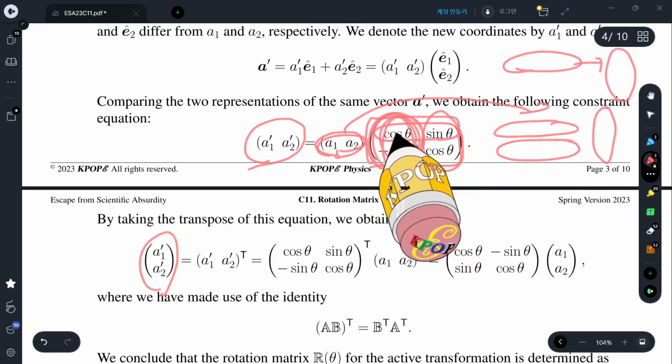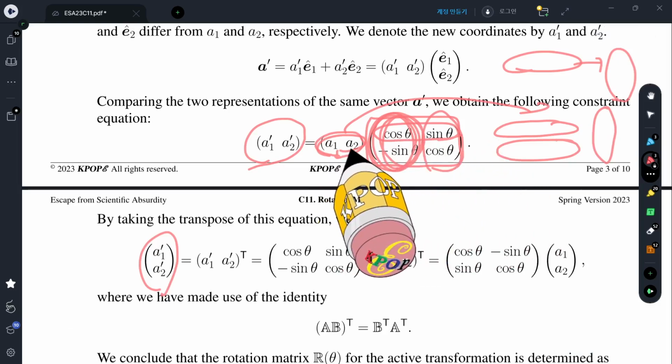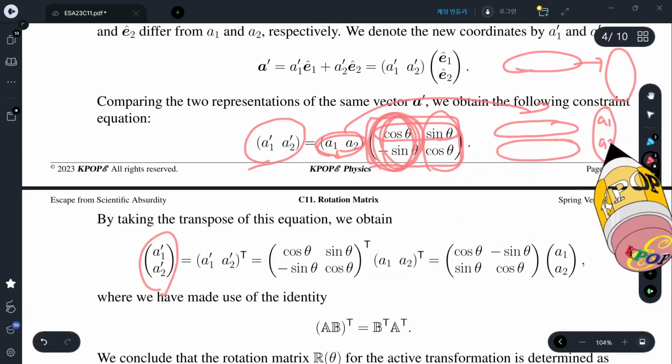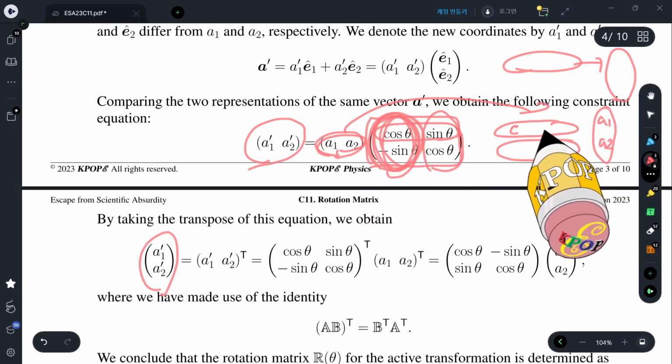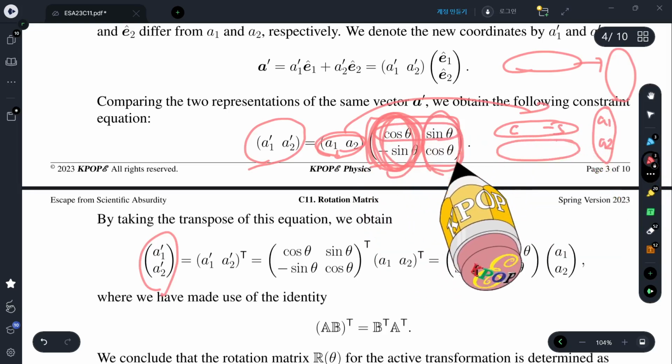So if I copy this one first, A1, A2, and this column is cosine minus sine, and this column is sine cosine.